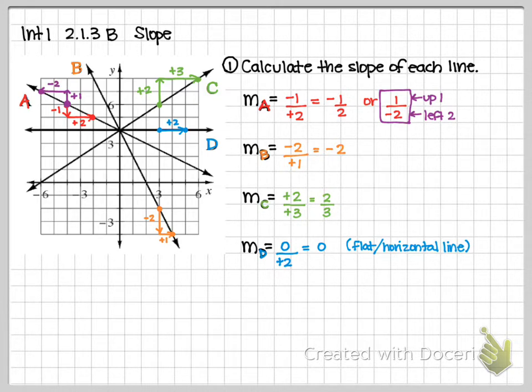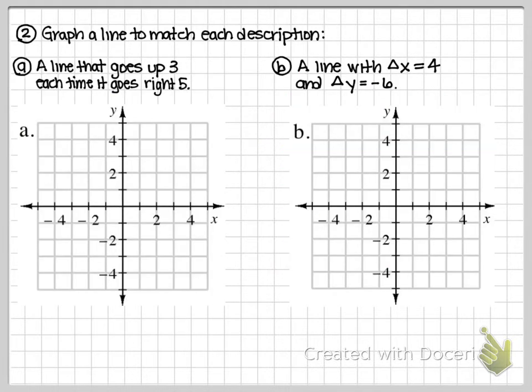So it's okay if the negative sign is on the bottom of the fraction or if the negative sign's on top of the fraction, just as long as you don't have more negative signs than you're supposed to. So here, what we want to do is use this information, whatever's been given to us, and we're going to try to graph a line to match each description.